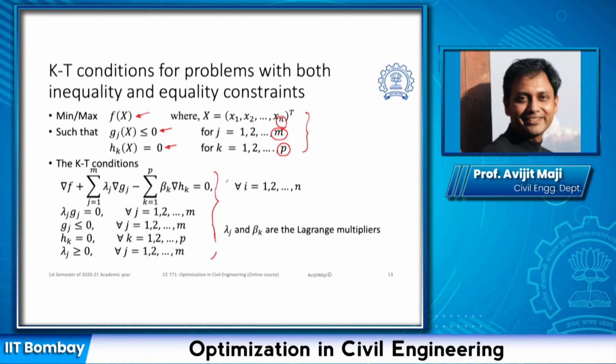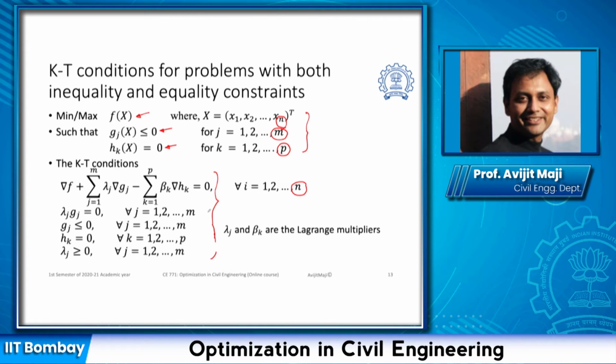Here the first equation, which is going to give us n number of equations, represents the partial derivative of the Lagrange function, which includes both equality and inequality constraints.